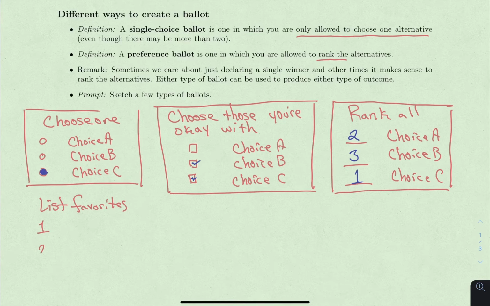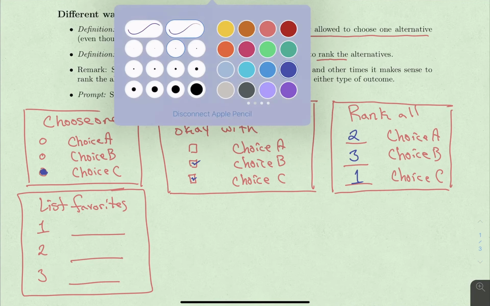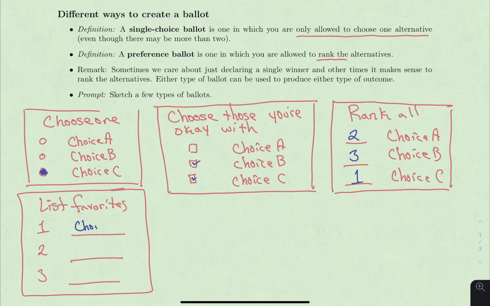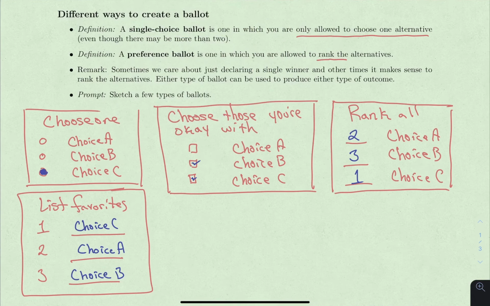And the 1, the 2, and the 3 were already there, next to some blanks, and you filled in choice C here, choice A, and choice B. Which is still different than another, where it said something like, rank all again, where you had 1, 2, 3, 4, 5, like assigning points to things.